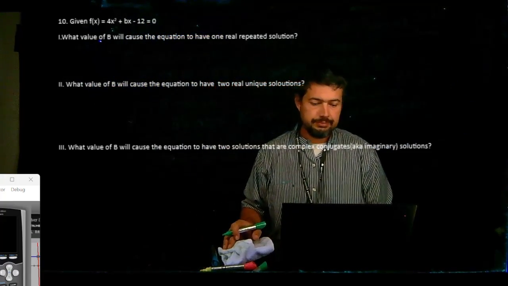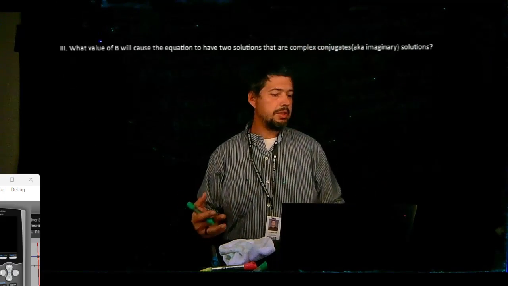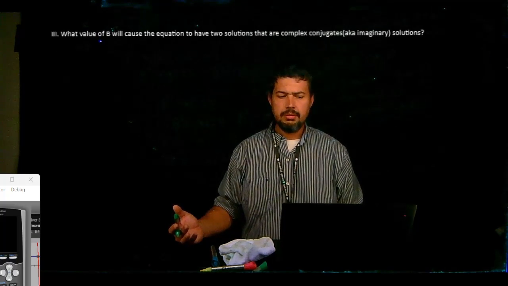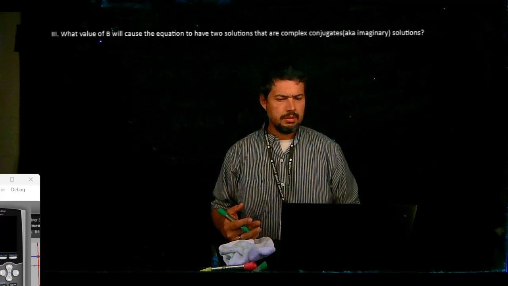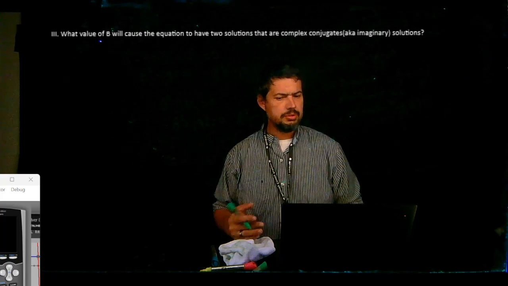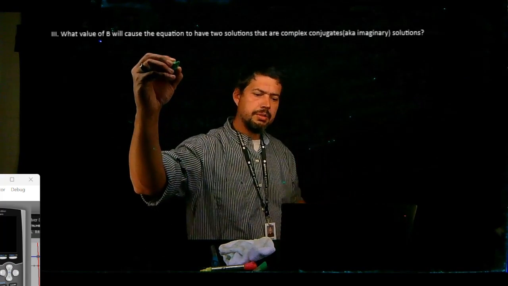I'm going with it. All right, what value of b will cause the equation to have solutions that are complex conjugates of each other? So this one is also going to have the same problem. Apparently there aren't any. I am just blown away at the issue with this problem. Hopefully the one on the bonus twin is better.